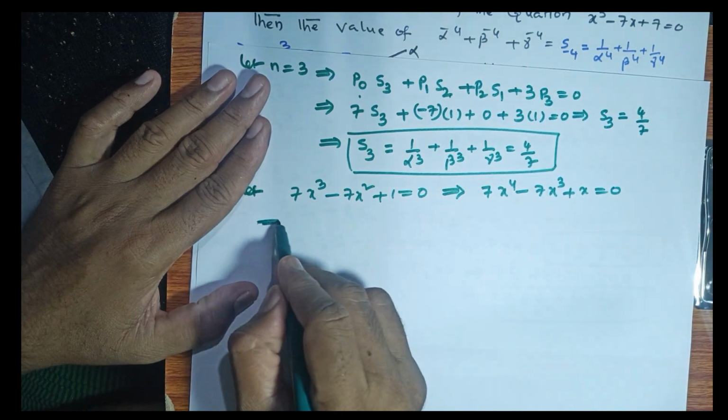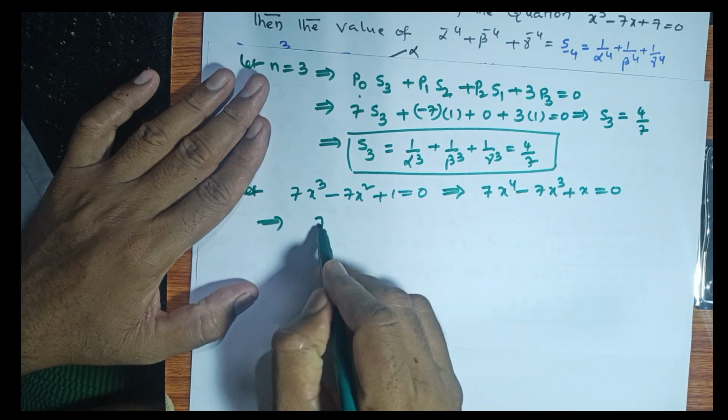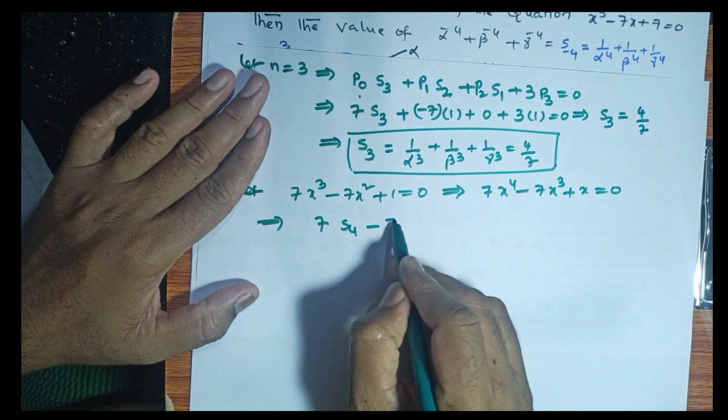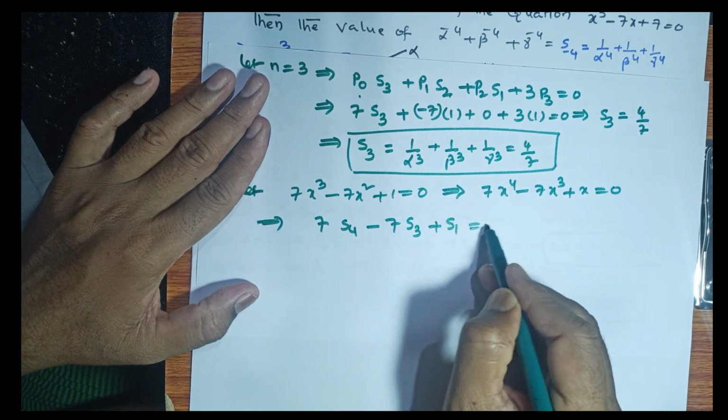Then you can directly write 7 into S4 minus 7 into S3 plus S1 is equal to 0.